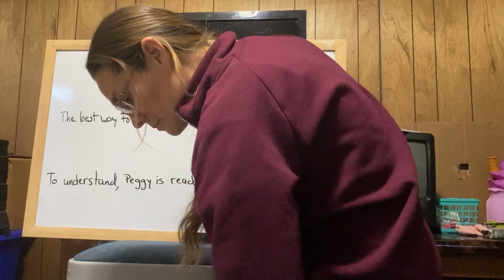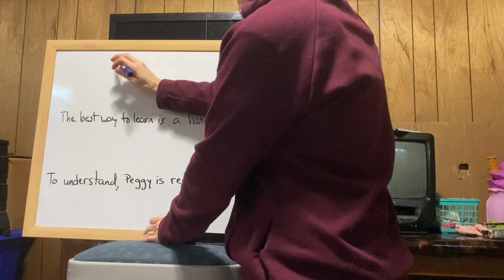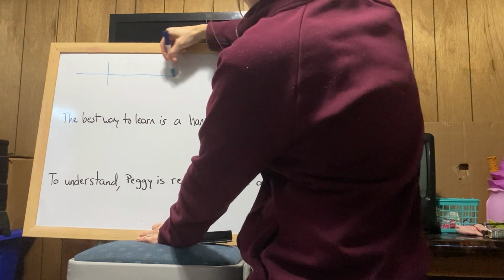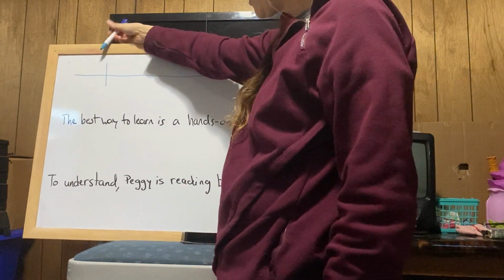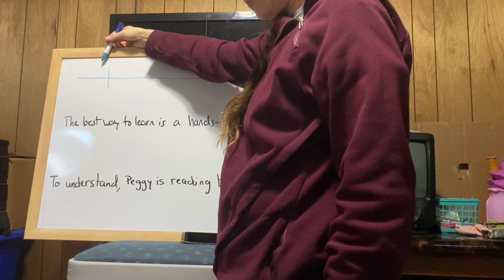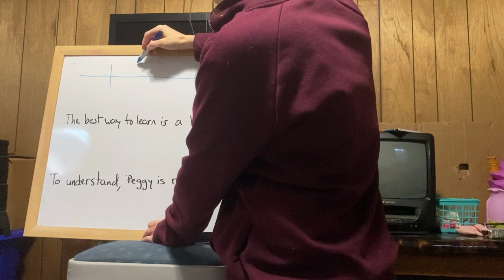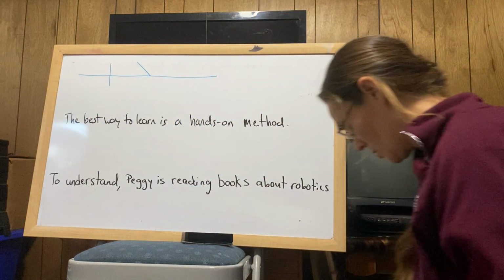So we have our line, subject separating from the rest of our subject, separated from the complete predicate. And remember, it was an SVLPN. So we'll start off with that.